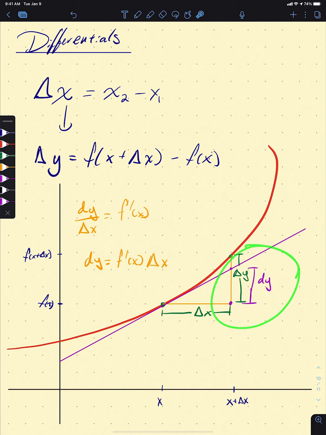But as we saw by the picture, this approximates delta y. So if I want to calculate delta y without cubing 2.01, I can just calculate this. And in most cases, that's a lot simpler.